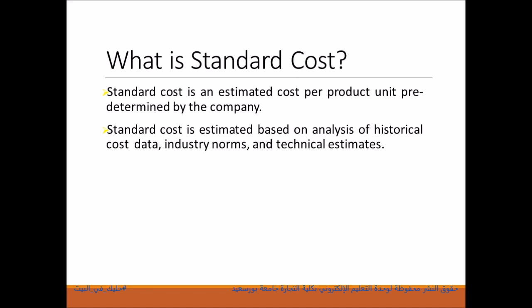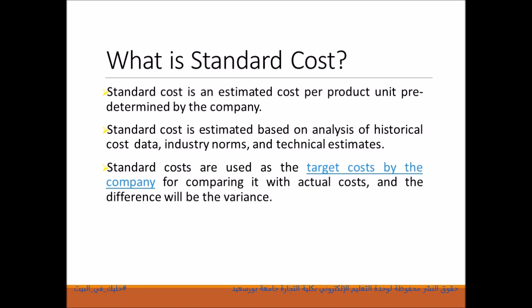Technical estimations from technicians and engineers also contribute in setting standard cost. For instance, industrial engineers contribute to setting standard costs by giving information about labor time requirements, and quality control engineers also contribute to setting standard costs by giving information about standard price of raw material and so on.